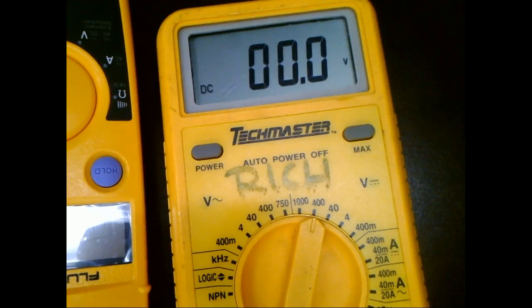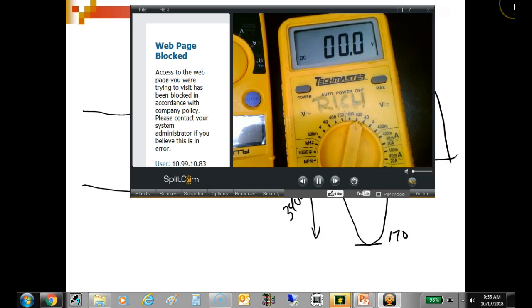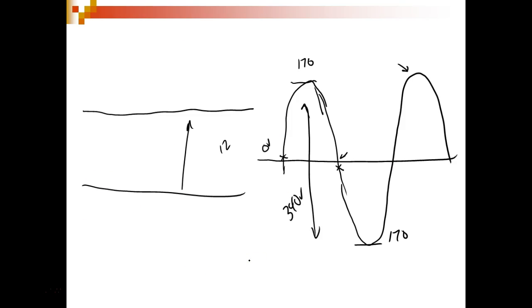So they came up with a method called root mean square, where we take an infinite number of points on both alternations and square them. What happens when you square a negative number? It becomes positive, right? It loses the sign. Then we take the mean of that, which is the average, and then we take the square root of that. That gives us what we call the effective voltage.